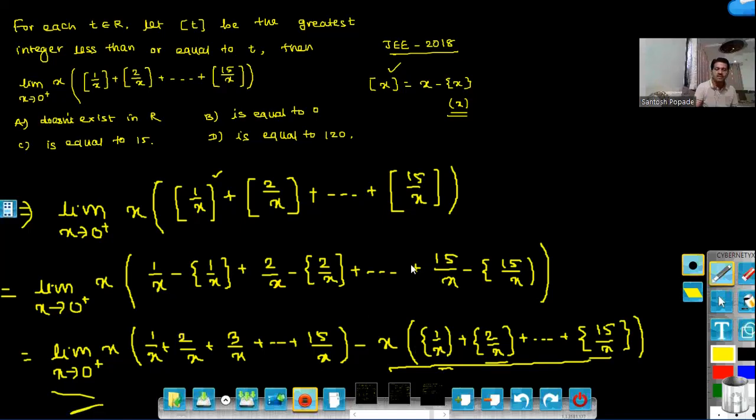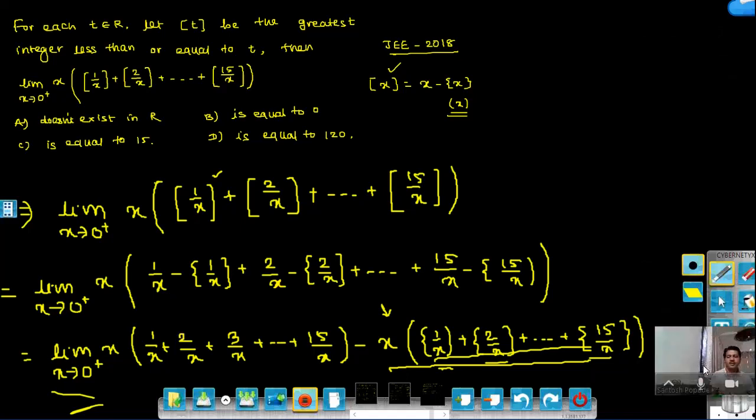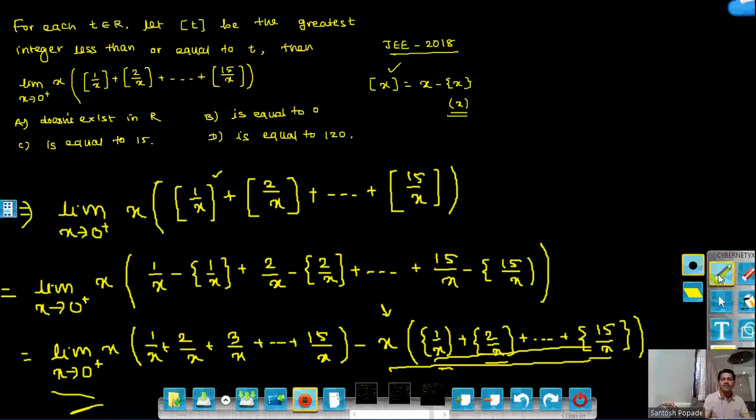So now we will find the separate limits. If I multiply inside the first bracket by x, I will get 1 plus 2 plus 3 and so on up to 15, and that can be added using the formula for the sum of the first n natural numbers. Then in the second bracket, x is tending towards 0 and all other terms are the fractional parts of the given numbers.